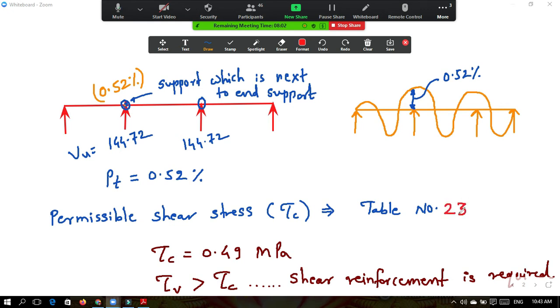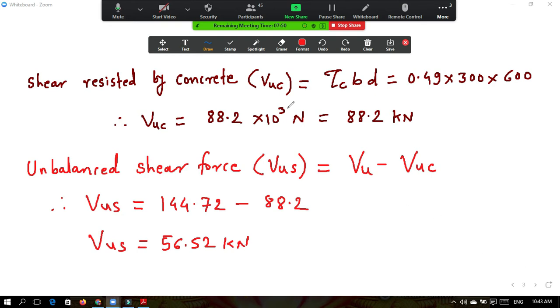We have to use table number 23. For beams we are going to use table number 23. So now we have to do this calculation again for table number 23. Calculate this value by using table number 23.